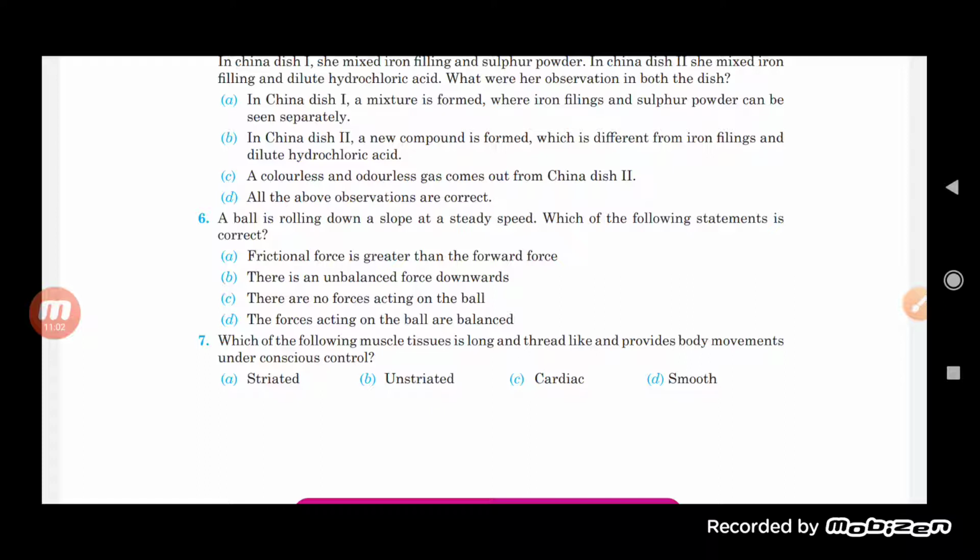The forces acting on the ball are balanced? Yes, if the object is moving with a steady speed, the forces acting on it will be balanced. So the correct option for 6 is D.